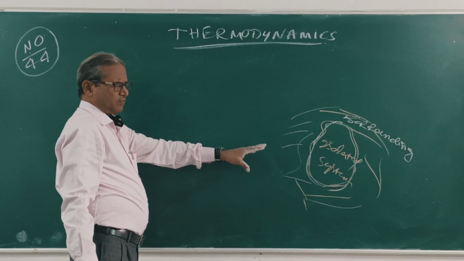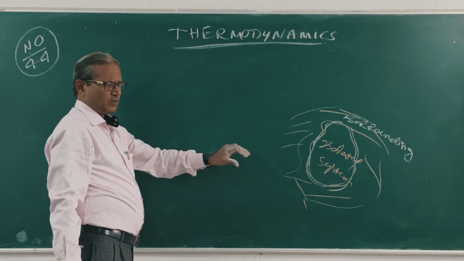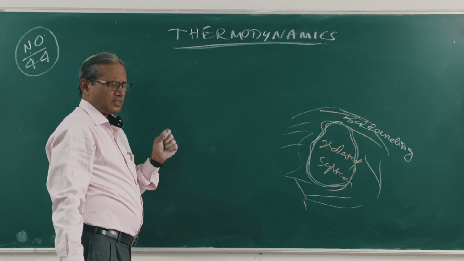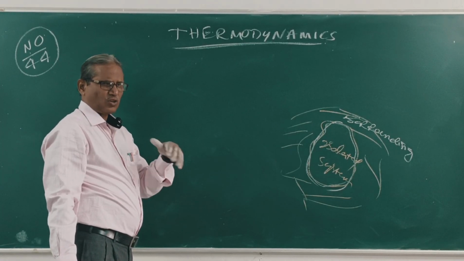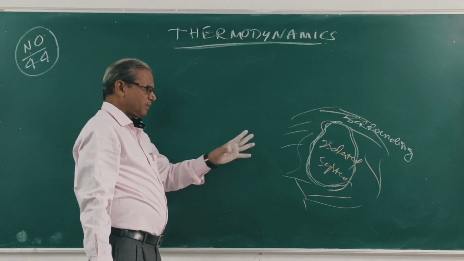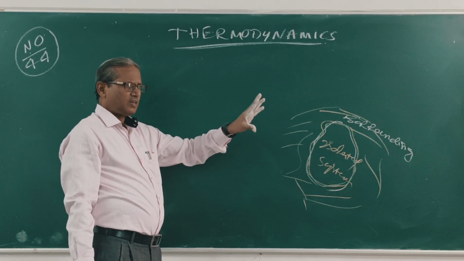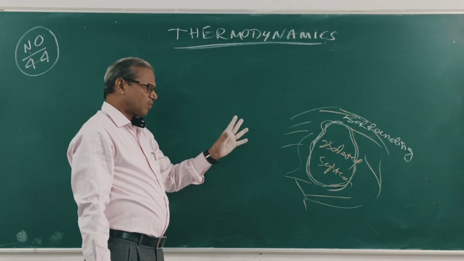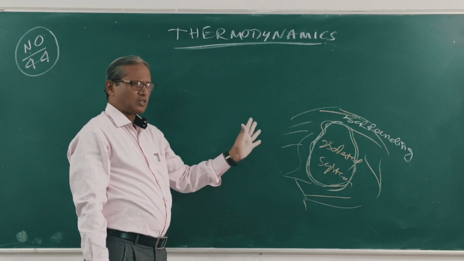We have already discussed what an isolated system is. There is no heat interaction and also no work interaction between the system and surrounding. No heat transfer takes place from inside to outside or from outside to inside.